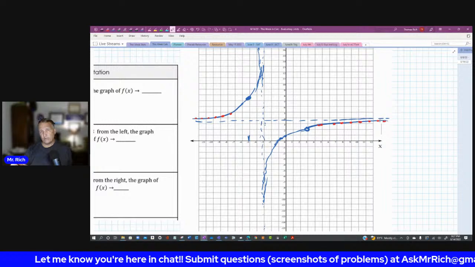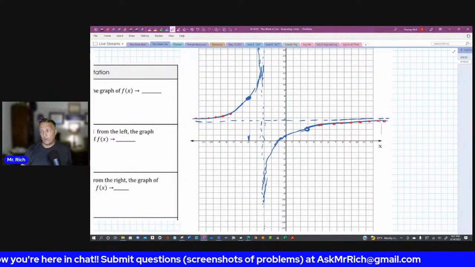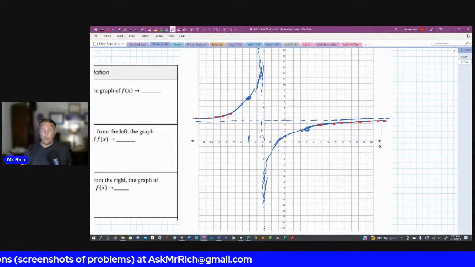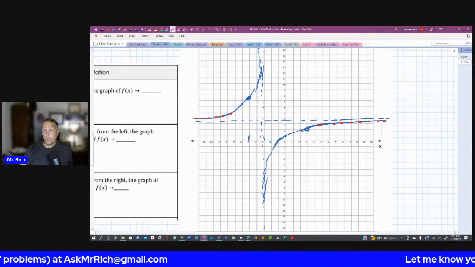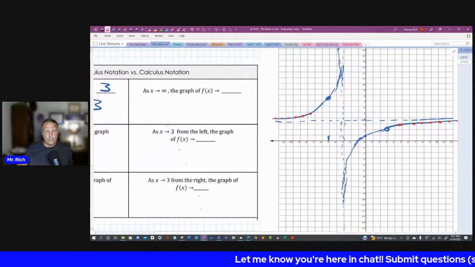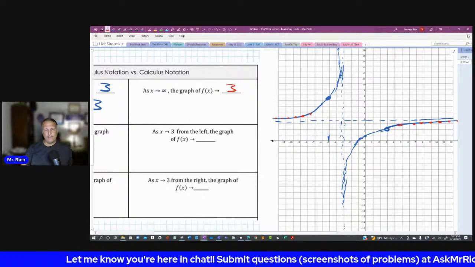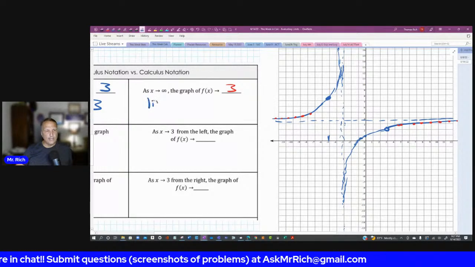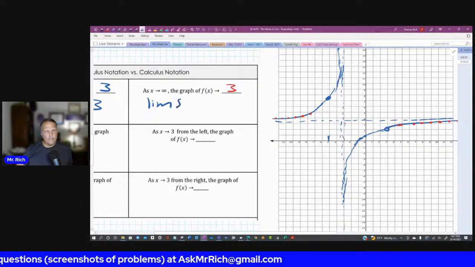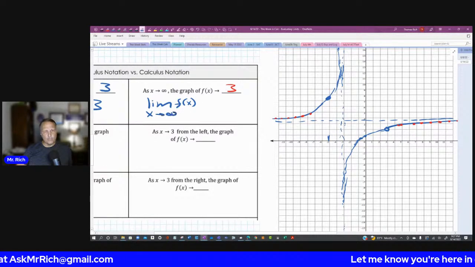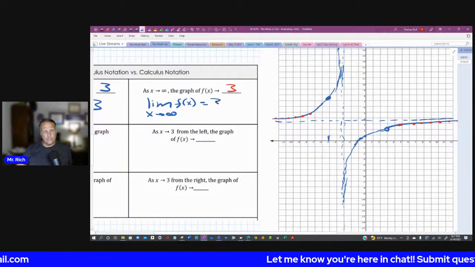Out to the right towards positive infinity, all those y values are below that asymptote, so they're actually all below 3. But what they have in common is they are approaching and getting closer and closer to 3. So we can write this answer as the y values are approaching 3. Again, this limit would be written as the limit of my function f of x as x is approaching infinity is 3.